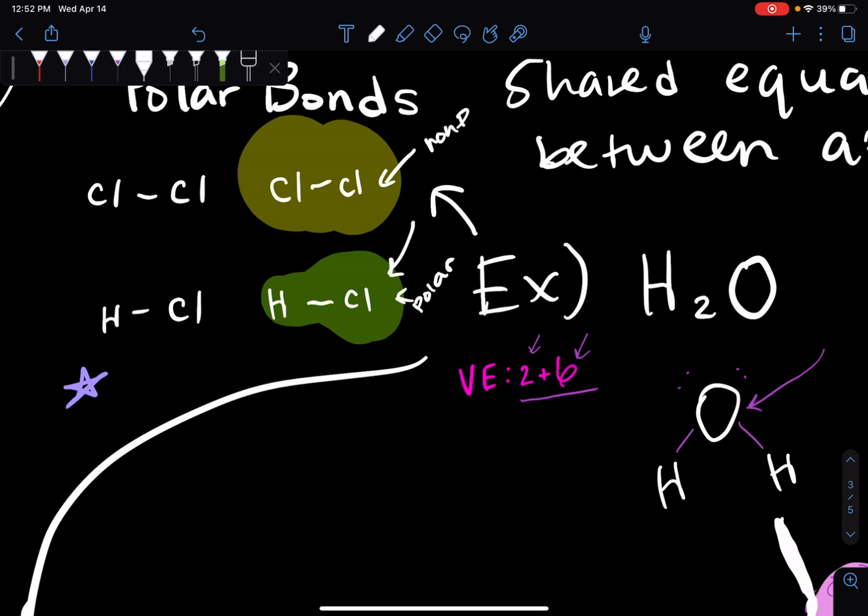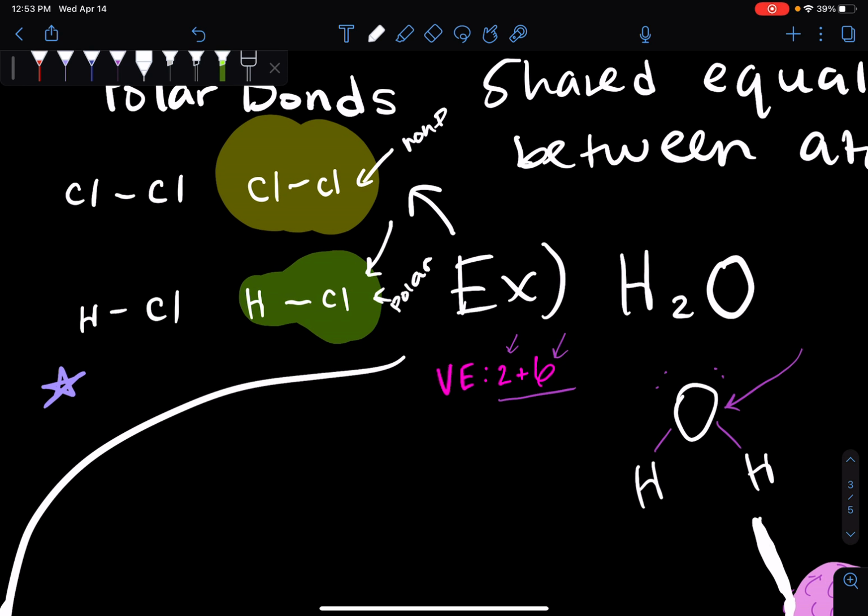This leads us to another important topic we need to touch on, which is a dipole moment. Okay? A dipole moment is a separation of electrical charge created when atoms with different electronegativities form a covalent bond. And the degree of their polarity depends on the difference in electronegativity.